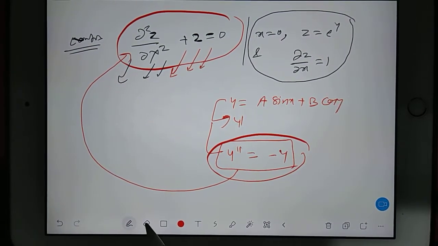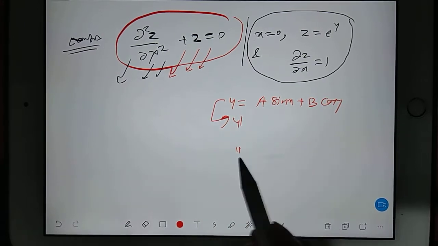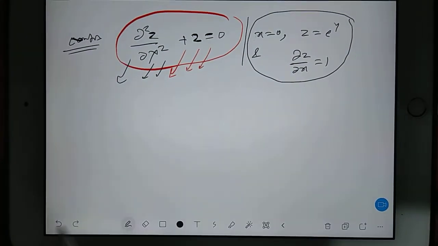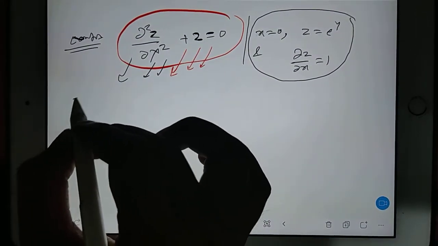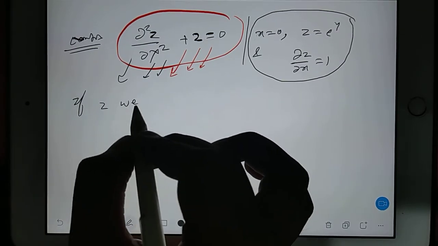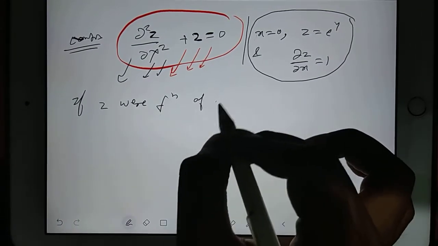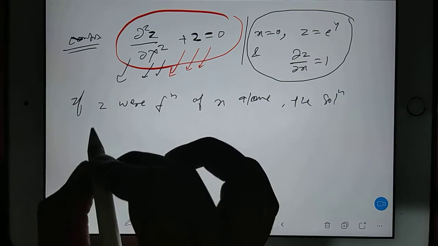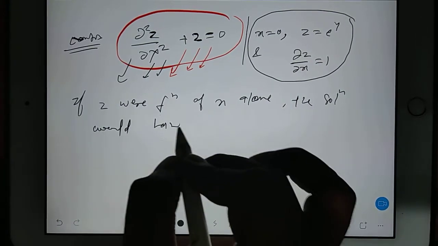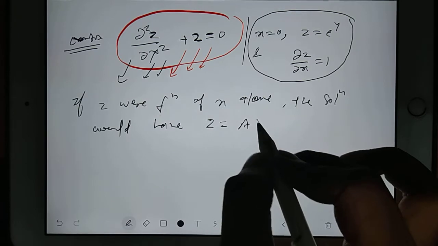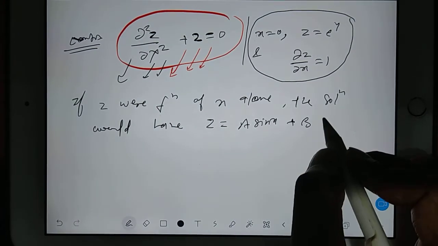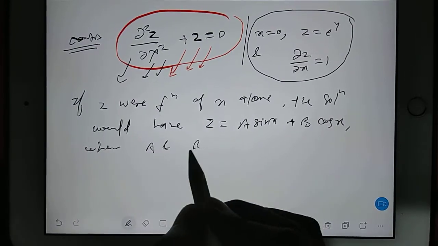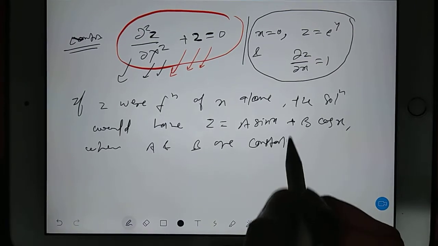If you are feeling uncomfortable, it means you have lack of practice. This you just mention here so that you will not forget in future. If z were a function of x alone, the solution would be z is equal to a sin x plus b cos x, where a and b are constants.